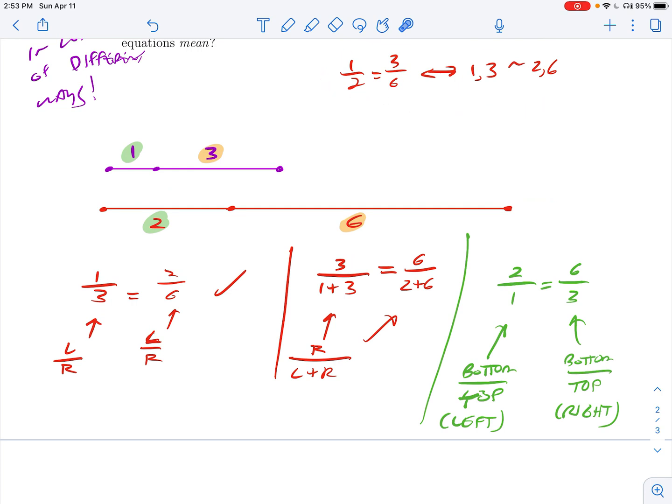So when I say that things are proportional, don't get hung up on specifically which fractions are equal. When we have proportionality, there are lots of equations with fractions that will express it. And often in doing a problem, one of them will seem more obvious, or maybe one of them is just the first one that occurs to you. There are a lot of ways to use this once we start using it to solve problems.